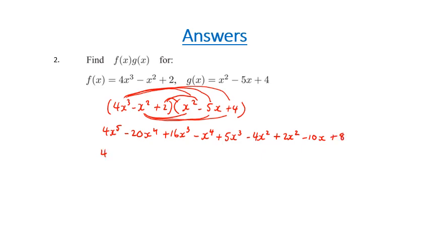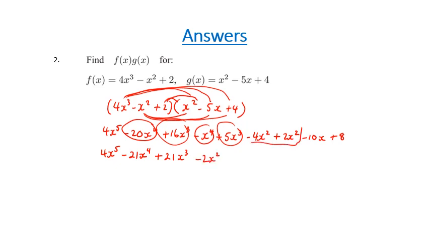So we've got 4x to the power of 5 minus 21x to the 4, because I've got one there and one there. I've then got plus 21x to the 3, there and there. I've then got minus 2x squared with here, collecting that, take 10x plus 8.